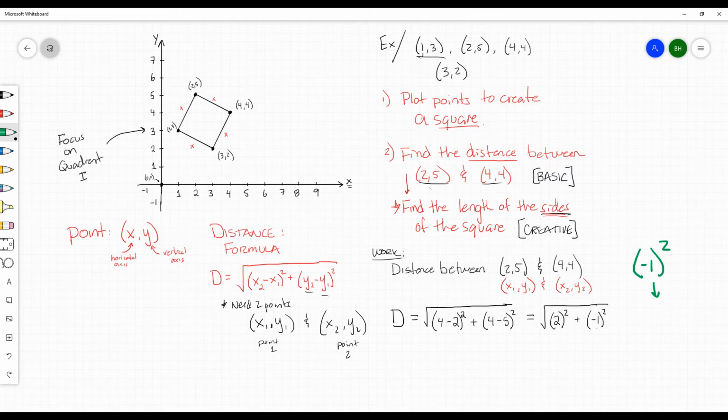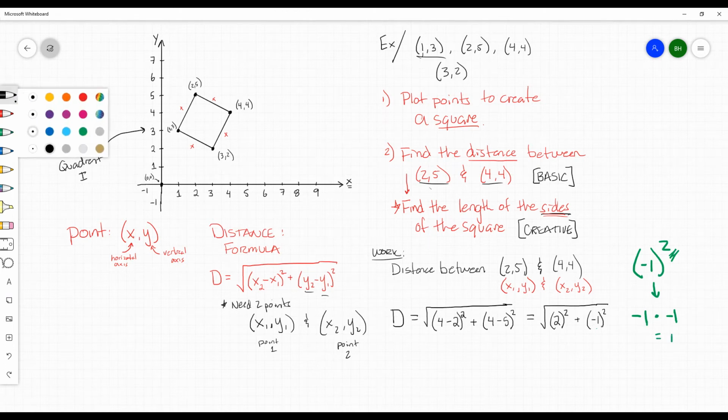But in fact, whenever you square a term, what you're doing is taking whatever value is in that set of parentheses and multiplying it by itself this many times. So if we square something, we're just multiplying it by itself twice. So -1 multiplied with -1 is going to equal a value of 1.